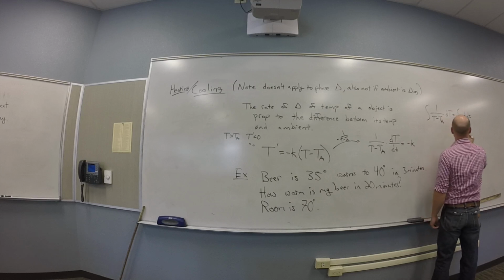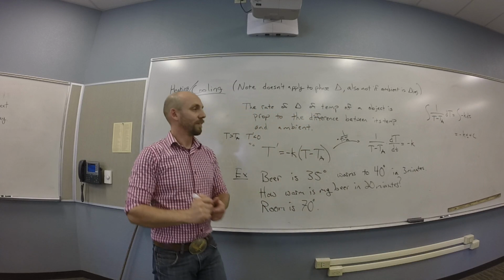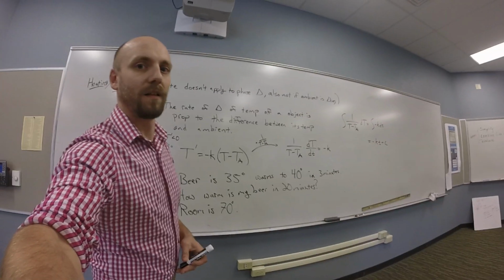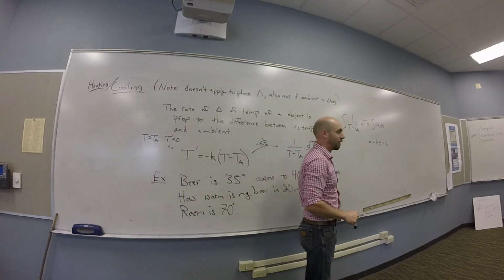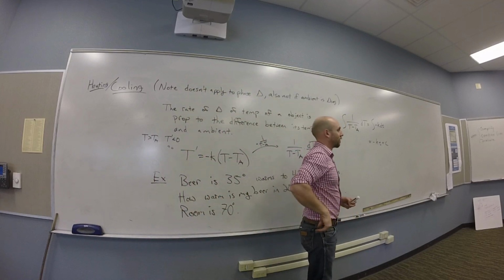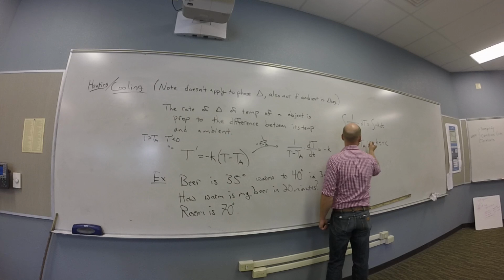I'll do the right-hand side, you guys take care of the left. Okay, so what do you need on the left-hand side? Natural log of the absolute value of T minus Ta.